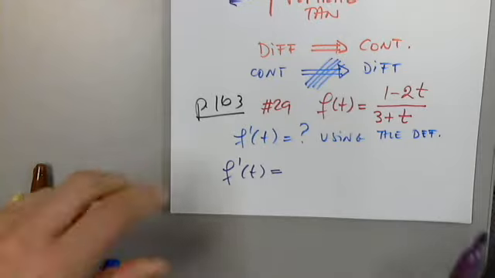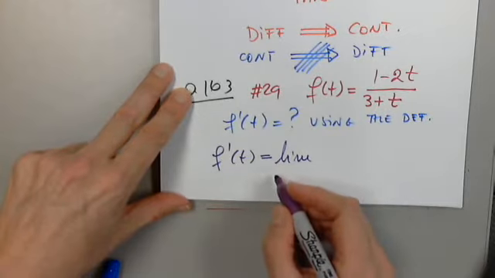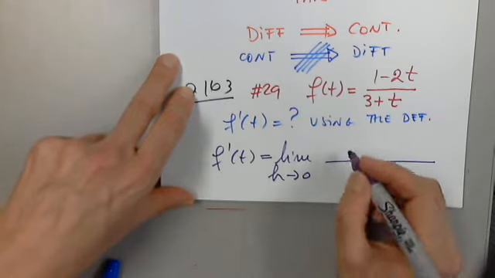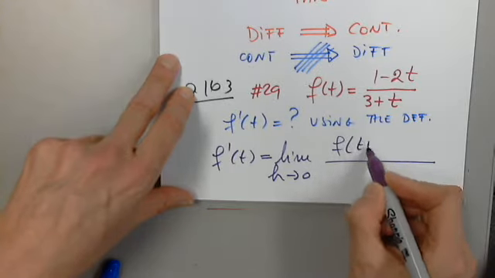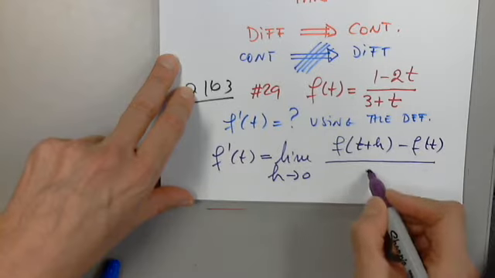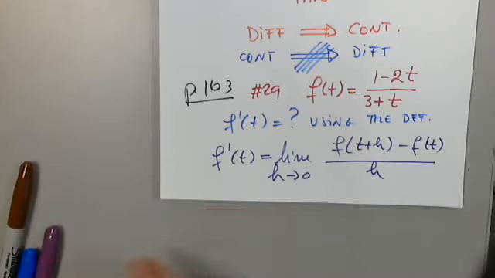So the limit as h approaches 0 of the difference quotient. Let's write the difference quotient first, and then we'll put it in. Very good. F of t plus h minus f of t, all over h. So you understand why section 2.8 is basically we put together what we studied so far, the limit together with the difference quotient. That's all it is. Put those two concepts together.